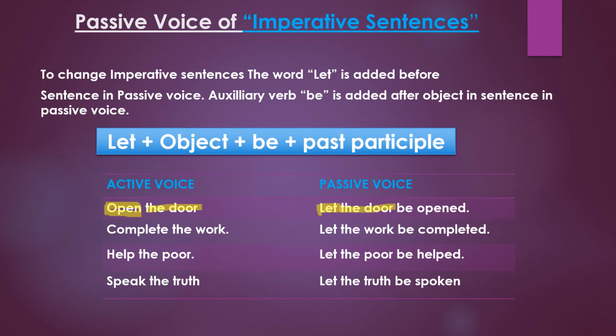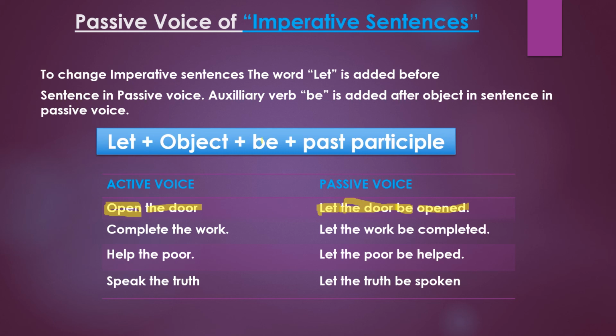Then the door, the object of the active voice. Then be as an auxiliary verb, and then the participle form of open, that is opened. So ultimately the sentence becomes: let the door be opened.